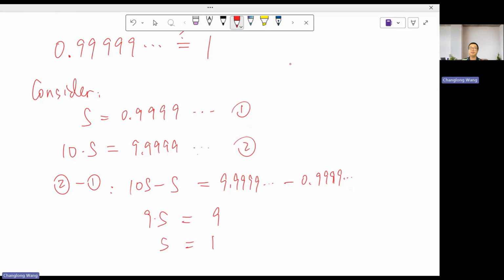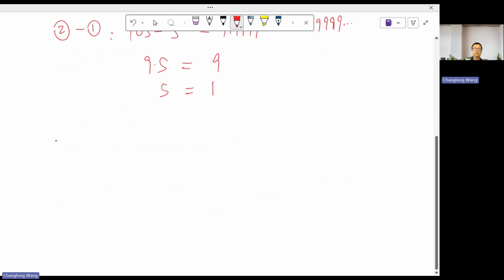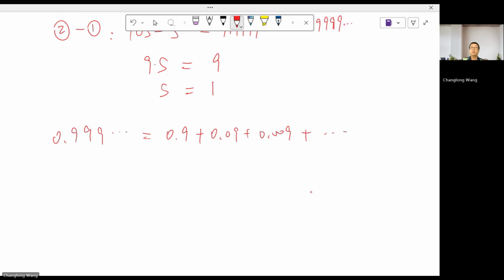You can see that by thinking about how you would write 0.99 repeating. Isn't that 0.9 plus 0.09 plus 0.009 and so on? So now, what's the ratio between two terms? Say 0.9 divided by 0.09, or the other way around.